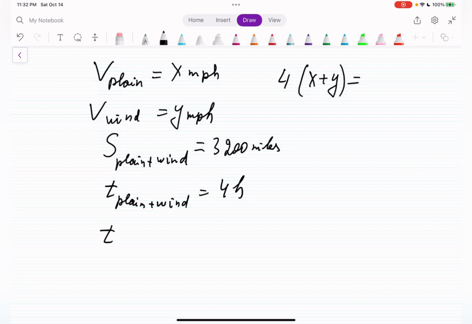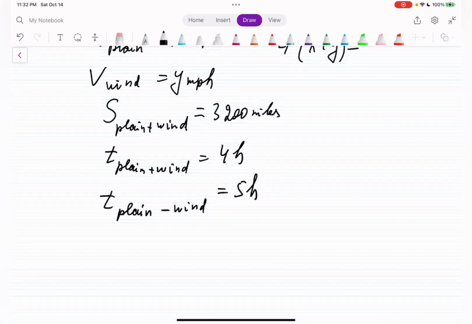And then we have a return trip, 5 hours against the wind, which means speed of plane minus wind, right? It's equal to 5 hours. And the distance, plane minus wind, because the wind is going to cause an obstacle, is again 3,200.